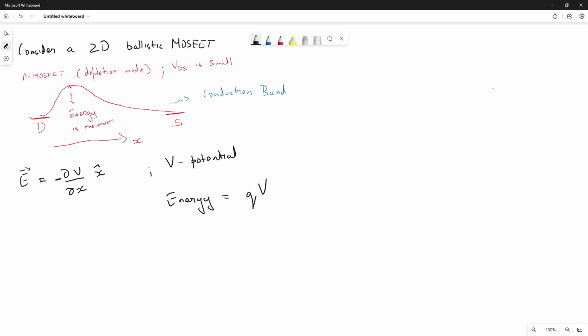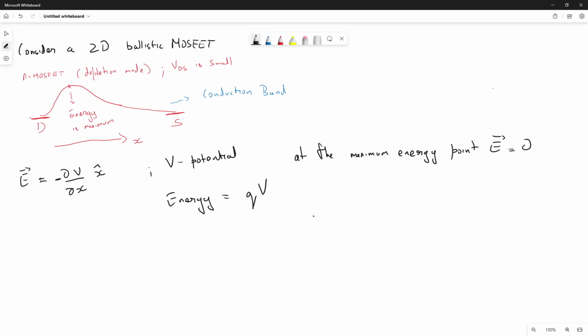So this is the first thing that you have to remember. At the maximum energy point, E vector is equal to 0. Now you can ask why this is important. I will tell you in a minute.